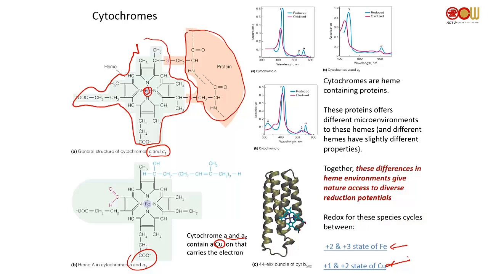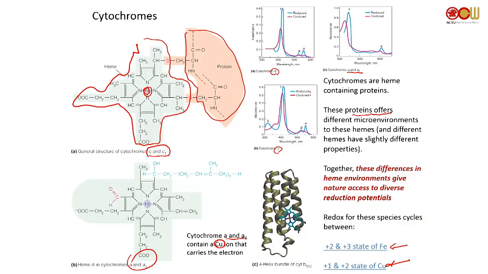And if you look at the cytochromes, for example here in these 3 graphs, you have cytochrome B, cytochrome A and A3, and cytochrome C. Obviously they have different peaks of absorption. What you should notice is that the oxidized form and the reduced form have a different absorption pattern.